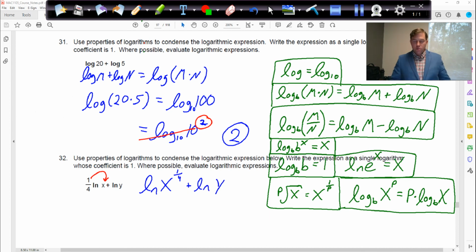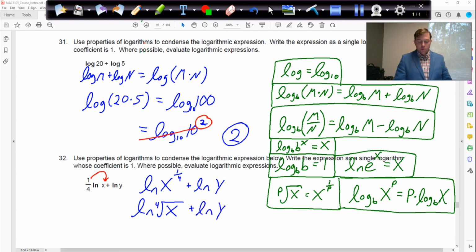Okay, we're also going to use the reverse of our fraction power rule. So the fraction power rule says I can write the nth root of something as x to the 1 over that number. So therefore, I can take a fractional power like 1/4 and write it as the 4th root of x.